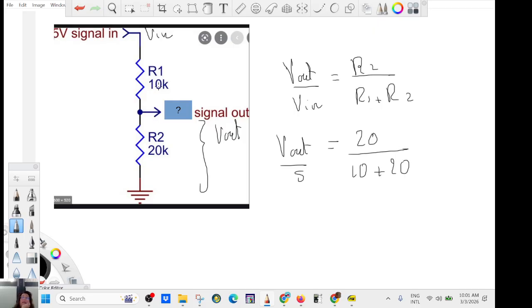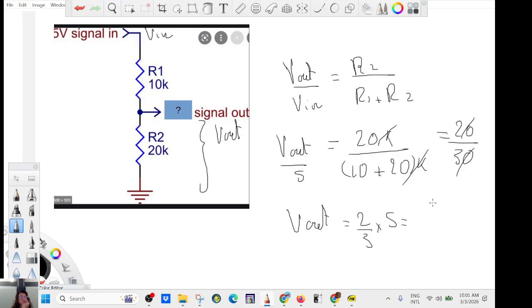Usually you always use kilo ohms. But you have kilo here and kilo there, so we don't worry about that. So it's going to be 20 over 30. So V out is 2/3 of 5, which is, yeah, 3.3 volts.